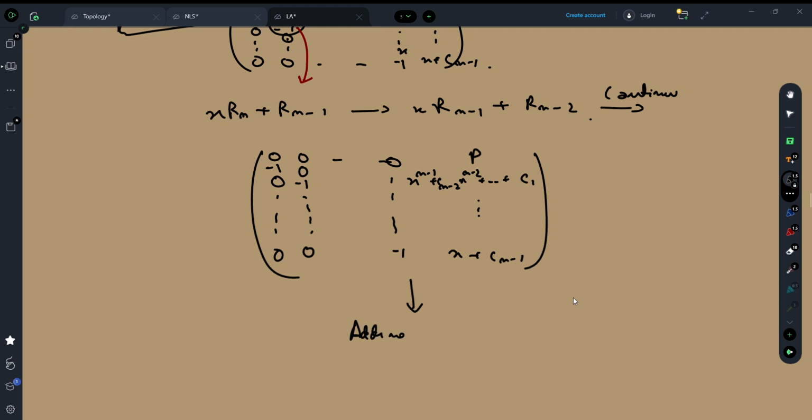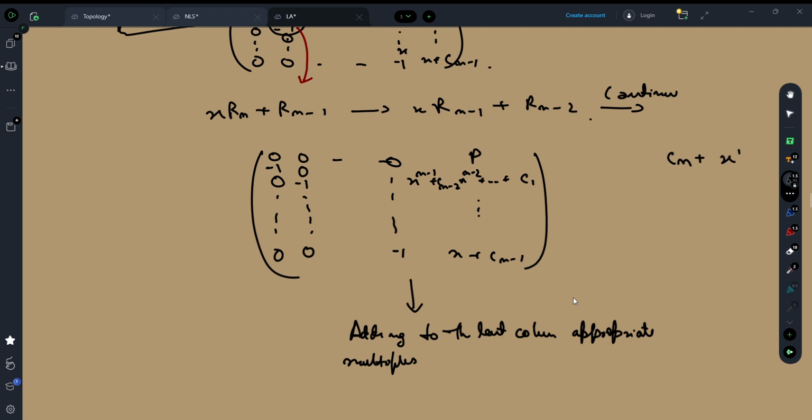So what we do is adding to the last column appropriate multiples. What we are doing is basically, the last column, let's say it's capital Cn.